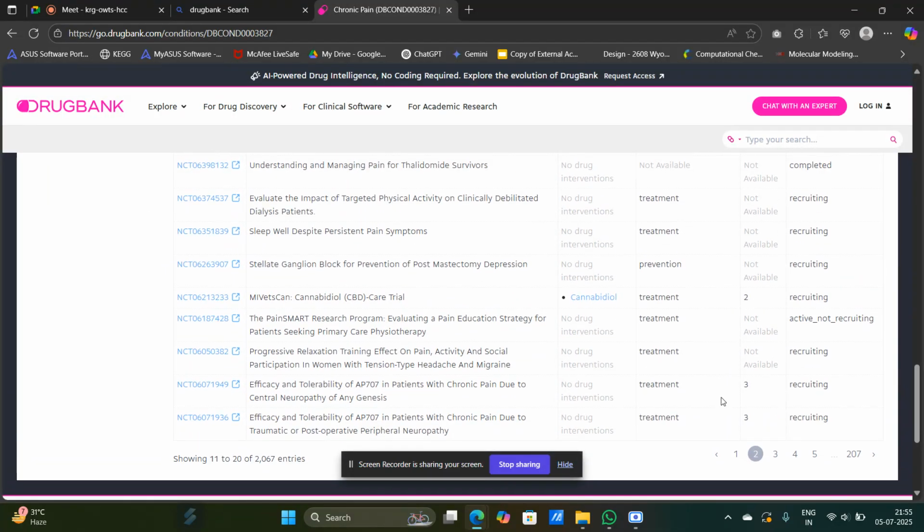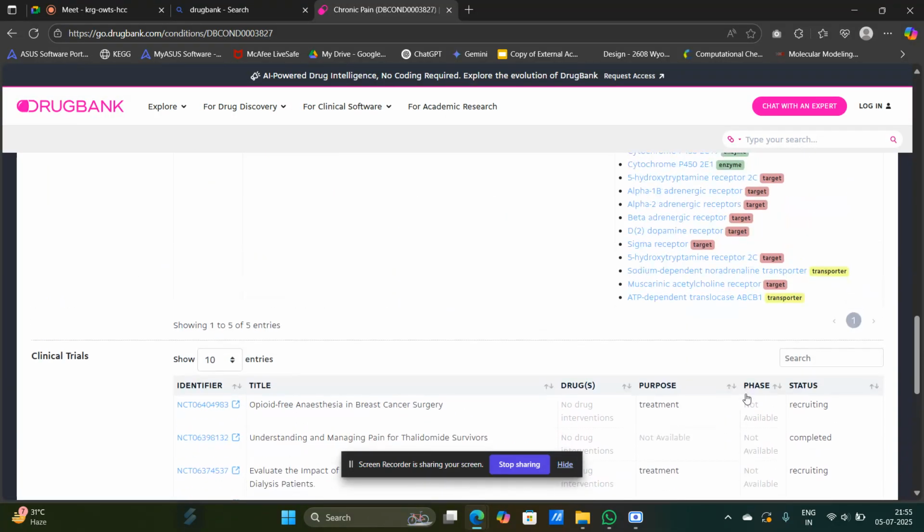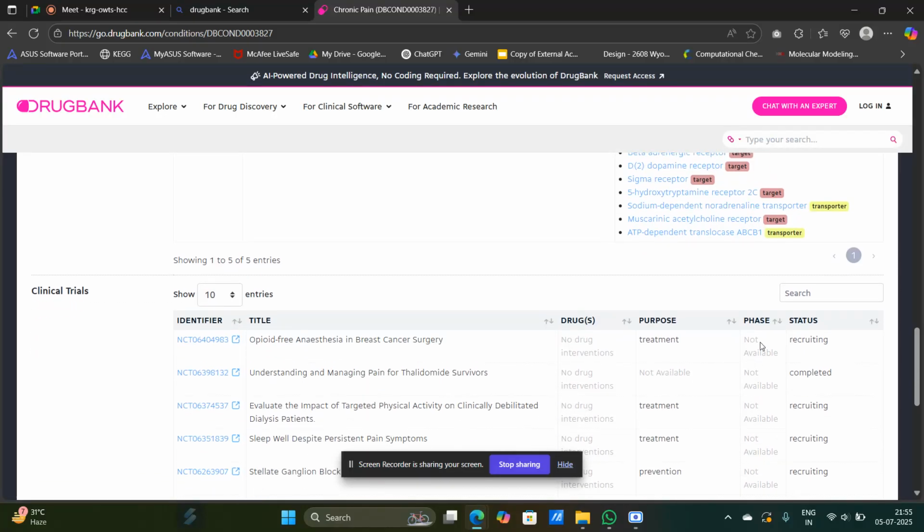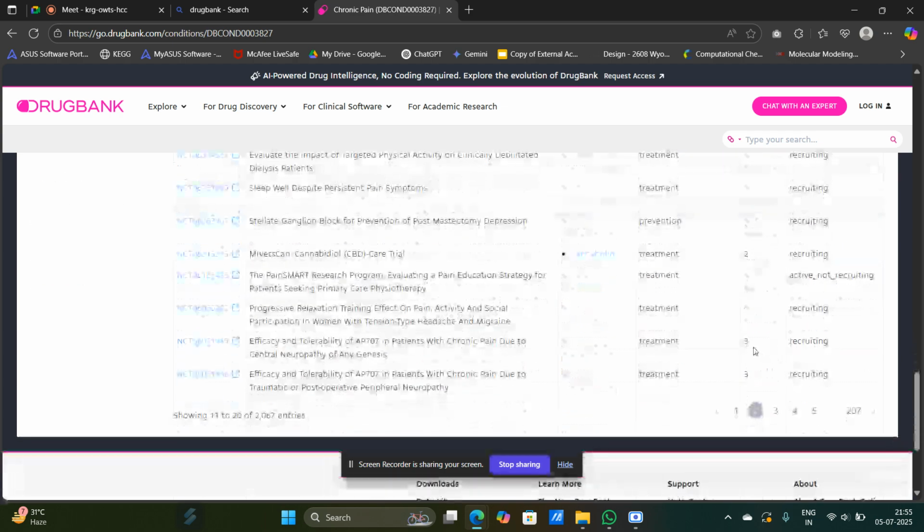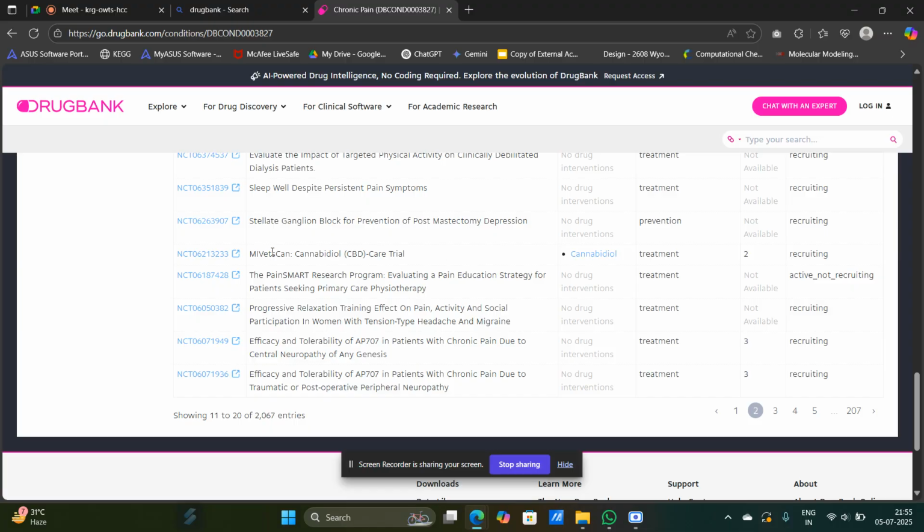And again, there is a phase column which can be not available if it is not having any data related to the phase of the clinical trial, or it might have a clinical trial number. For example, this ID and the data that it holds is related to phase 2 of the clinical trial of this drug.